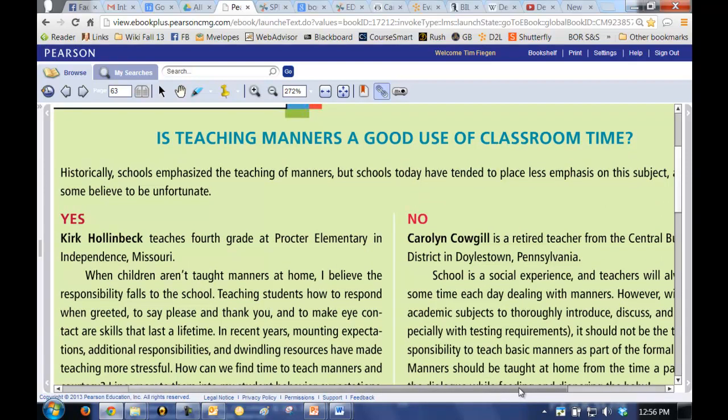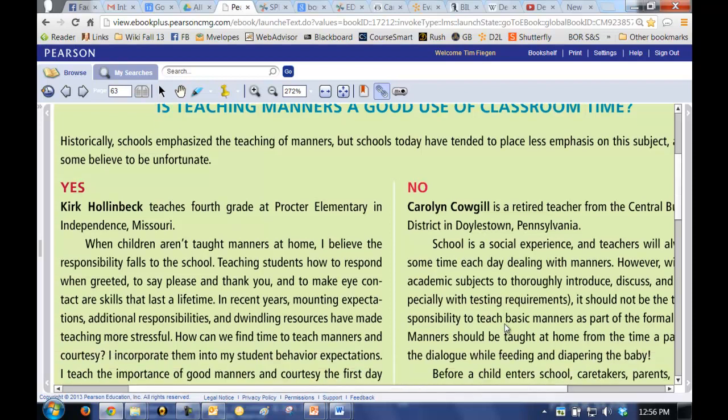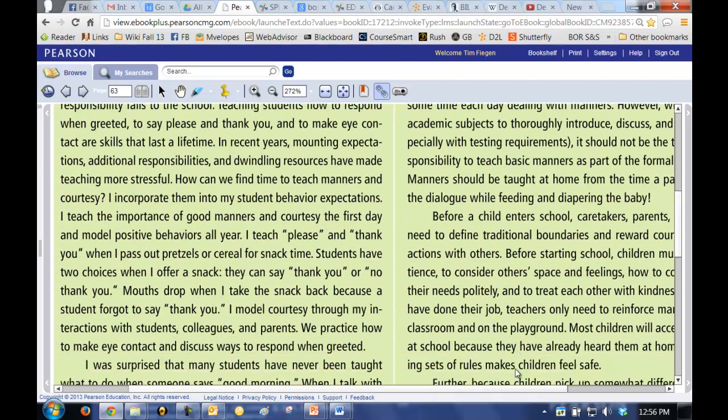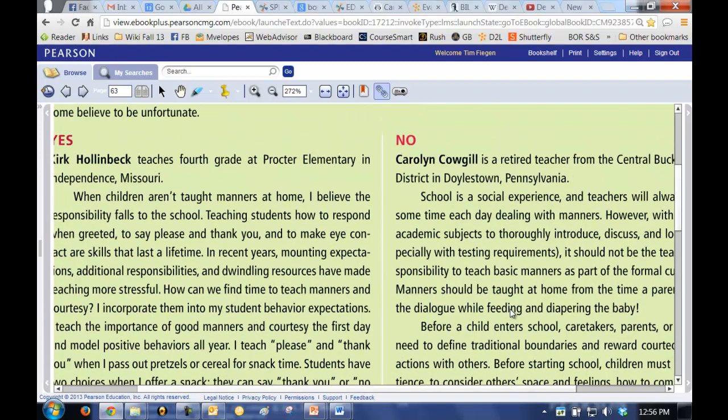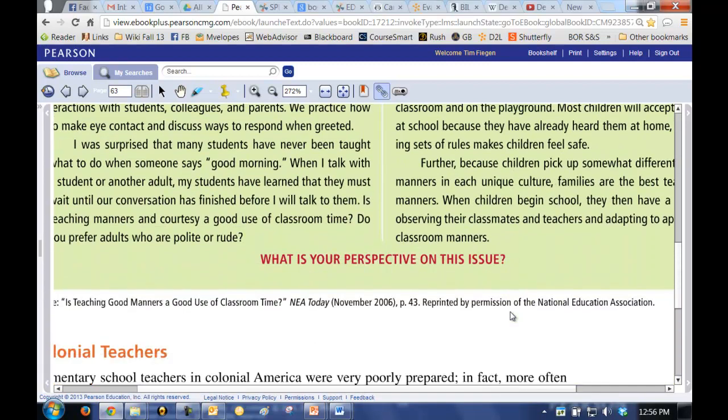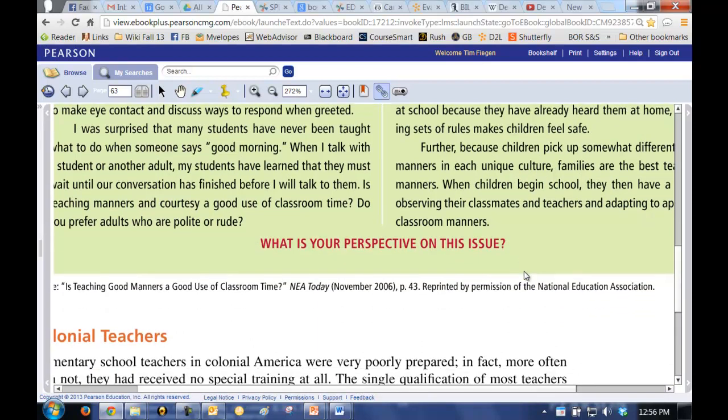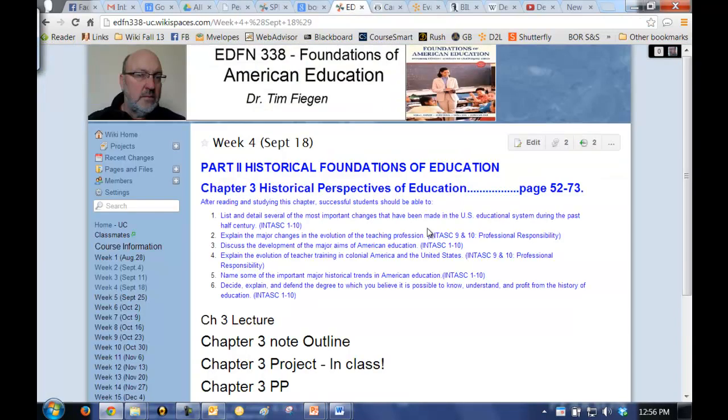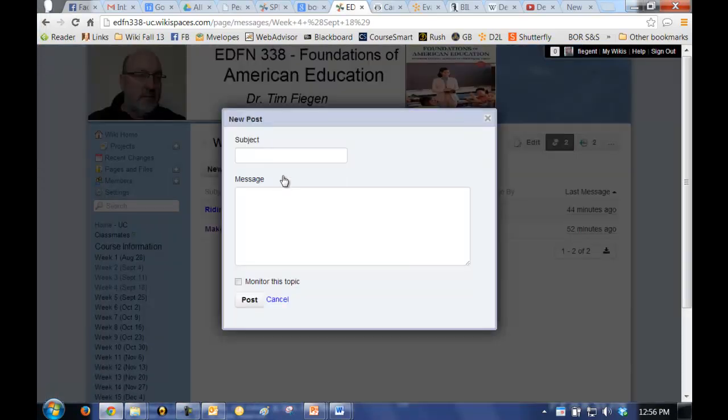And so we're coming to this. Here is: is teaching manners a good use of classroom time? And again, I'm going to ask you not to comment until you've read both sides, the yes and the no. And I'm going to take you to this and put this up and make a new post for you to comment on.